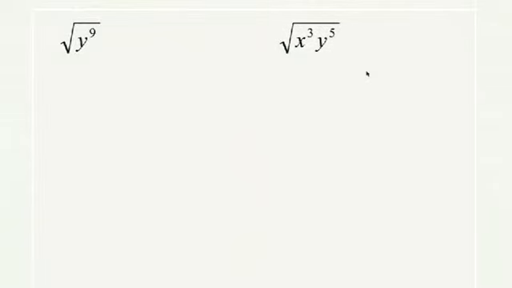So, for example here, I'll think of x cubed as x to the 2nd power times x to the 1st power, because 1 less than 3 is 2. And I'll think of y to the 5th as y to the 4th power times y to the 1st power, again, because 4 is 1 less than 5.